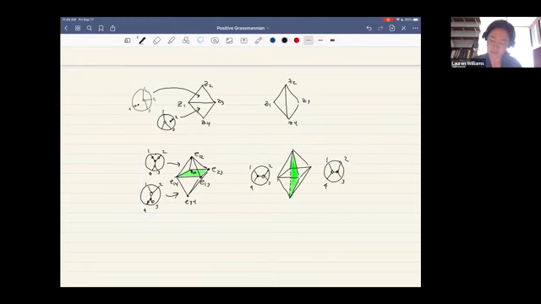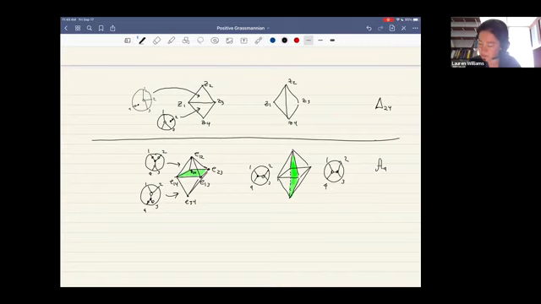So this is the Δ_{2,4} picture. This is the amplituhedron A_{4,1,2} picture. And the bijection takes this picture to this picture.